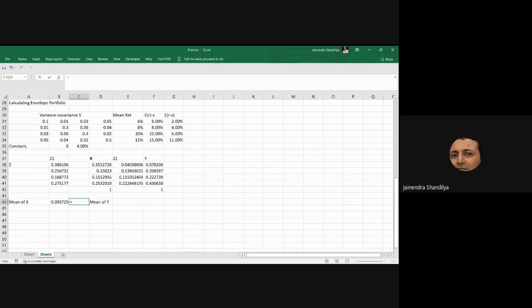Of course, both of them are vertical, so SUMPRODUCT will not be an issue here. So mean of Y also needs to be calculated.